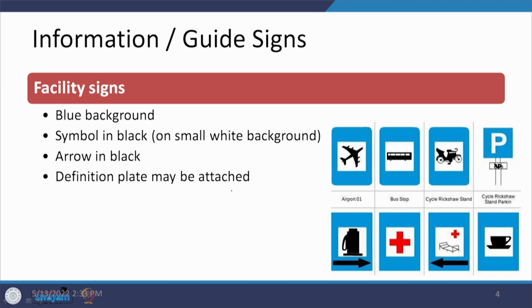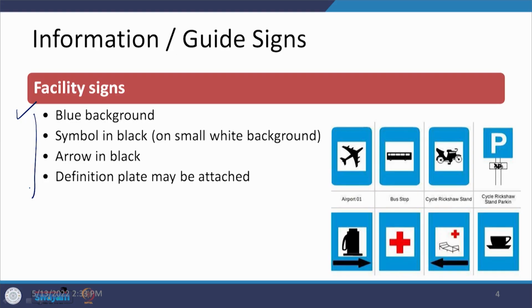Now, when we talk about these facility signs, these are usually on a blue background, the symbols are black, and these black symbols are placed on a small white background. If there is a utility and arrows are required, they are placed in black, and in some cases a definition plate is also attached below the sign. If you look at the right hand side, certain signs are shown.